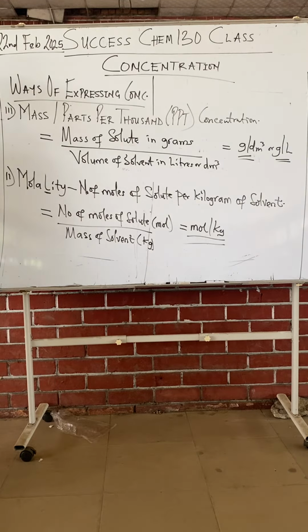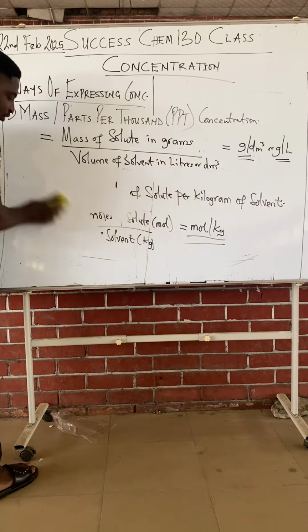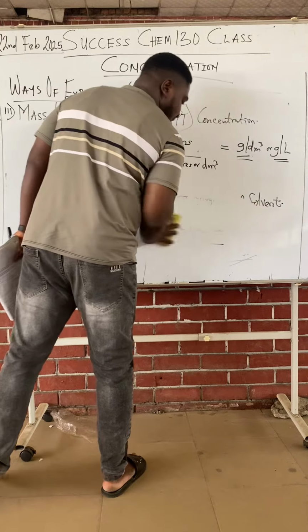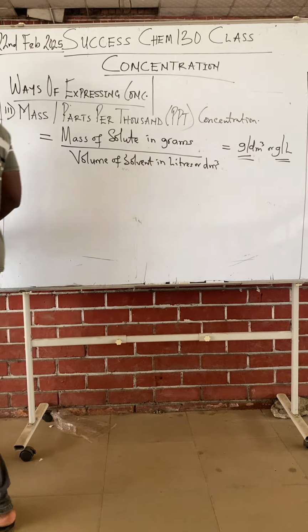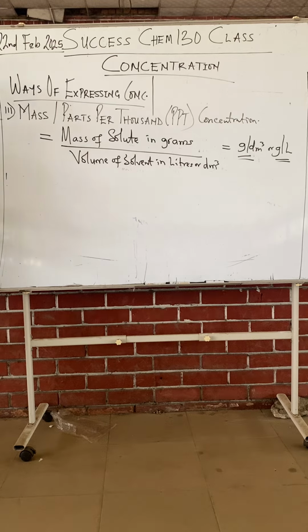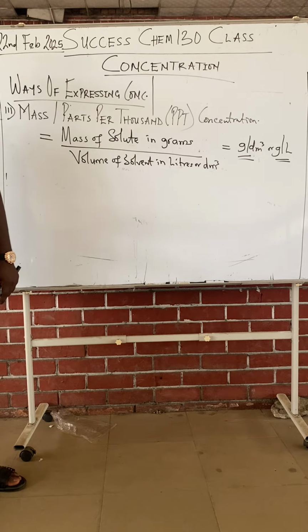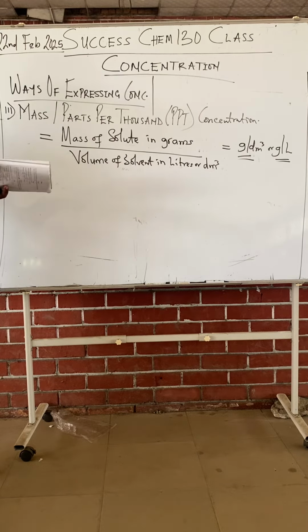Mass of solute in grams divided by volume of solvent in liters or dm cube. That's mass concentration, also called PPT concentration. PPT means parts per thousand concentration, okay?